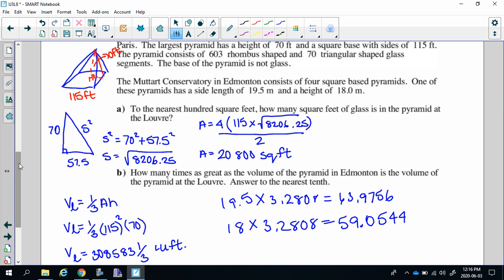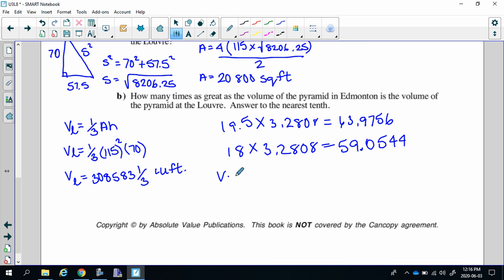Okay, and then I found my volume. So 1/3 area of the base. So this is the area of the base right here. Hold on. Nope, sorry. This is the base length right here.